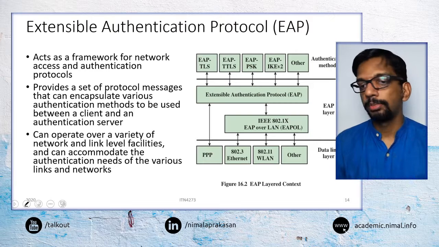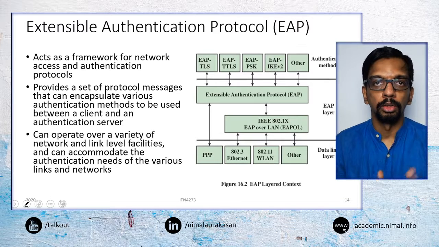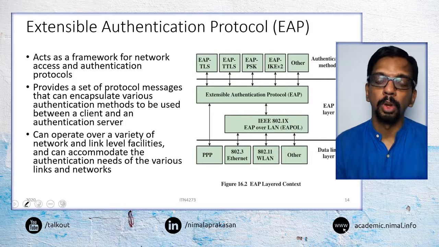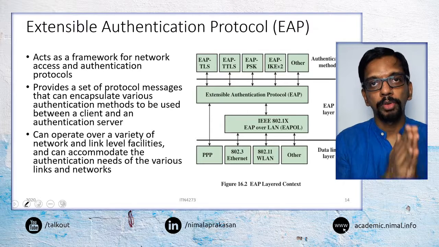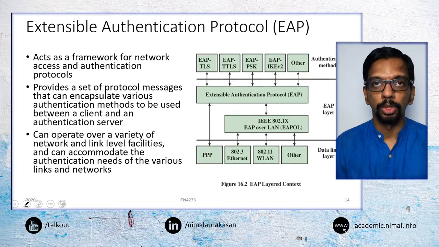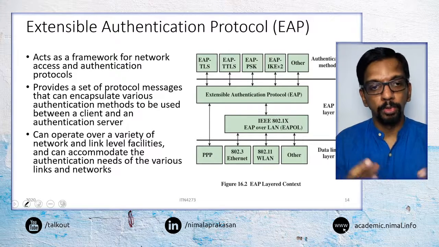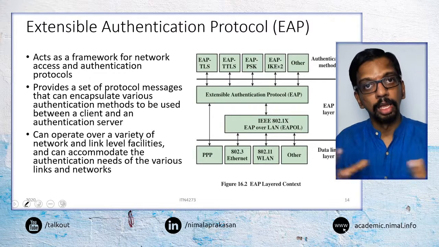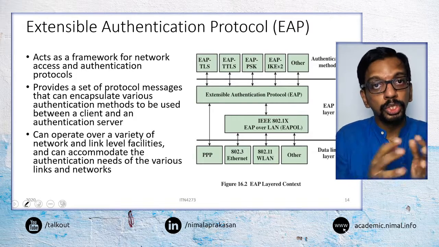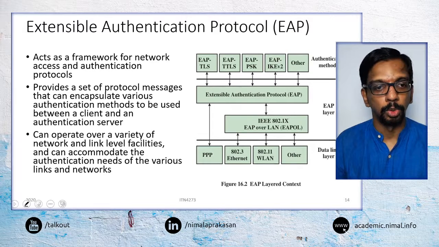One of the mechanisms that we would come across regarding authentication relevant to network access control is the Extensible Authentication Protocol, or EAP. EAP is a framework that can provide network access and authentication protocols, so it can facilitate the use of multiple different authentication and network access protocols.